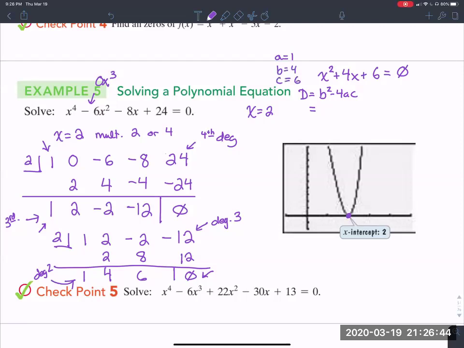So we calculate it. 16, which is b squared, minus 4 times A times C. So the discriminant is 16 minus 24, which is -8. So the discriminant is -8. Well, what does that tell me? That tells me that I have two imaginary solutions.